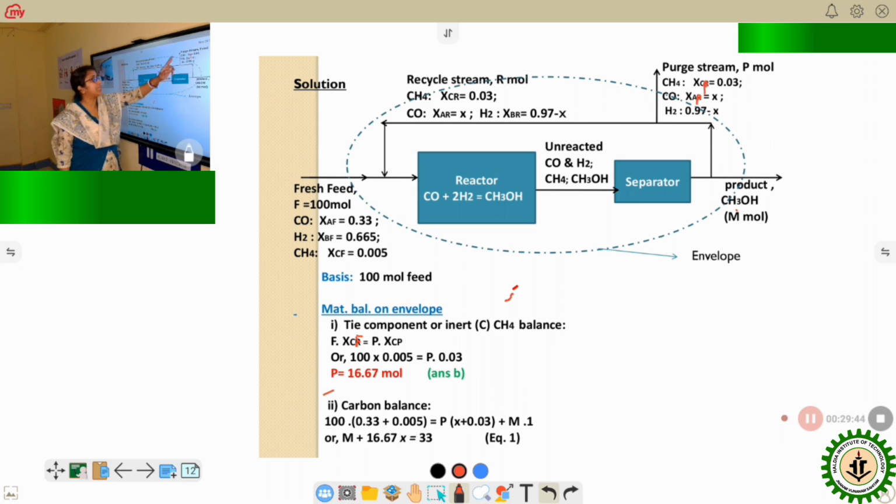If P mole is present, that means P into 0.03 is the total number of moles of methane. In that P into 0.03 methane, how many hydrogen moles are we getting? On elemental basis, that is 4 into P into 0.03. From hydrogen, we are getting P into in bracket 0.97 minus X, into again 2.